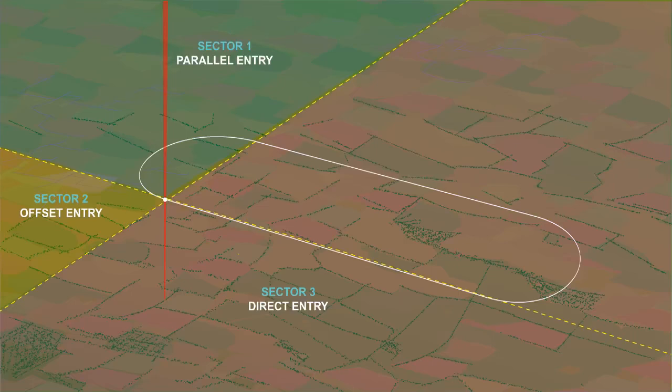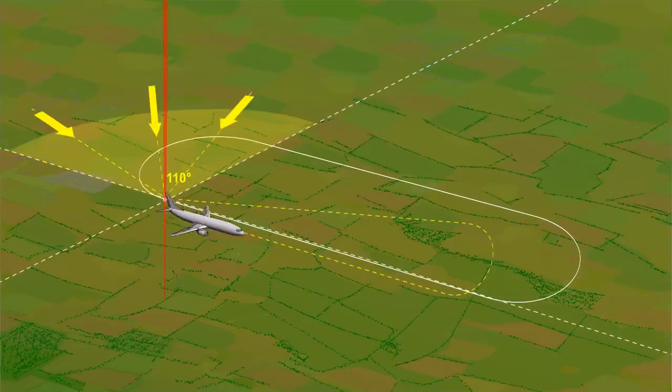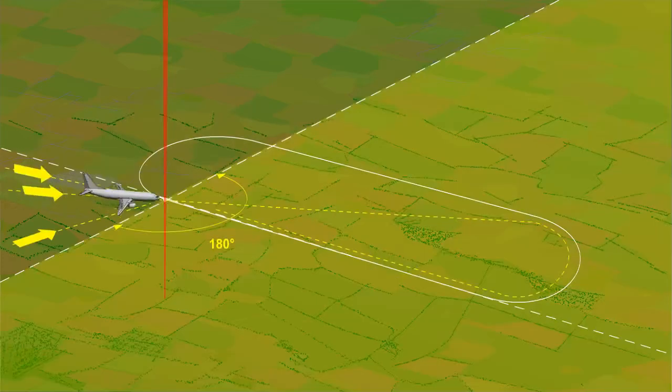Aircraft will inevitably approach the NDB from different directions, and they have to follow one of 3 different joining instructions. Those aircraft approaching from Sector 1 follow what is called a parallel entry. Those aircraft approaching from Sector 2 perform an offset entry procedure.